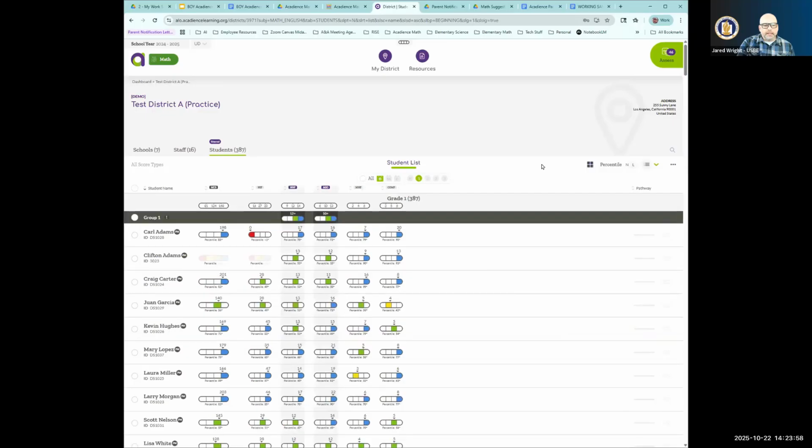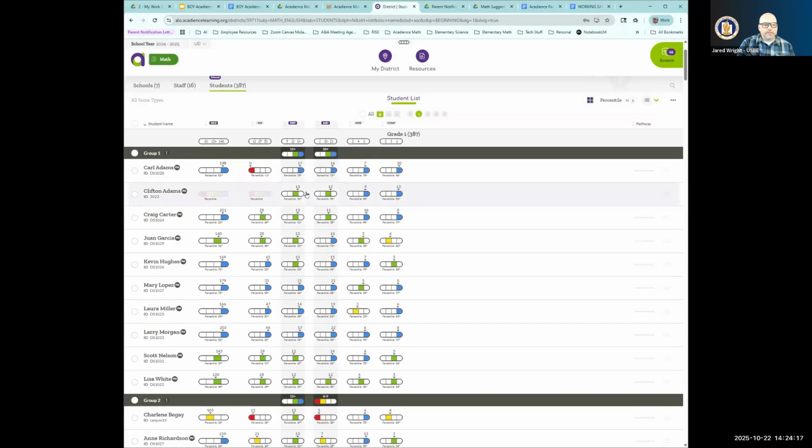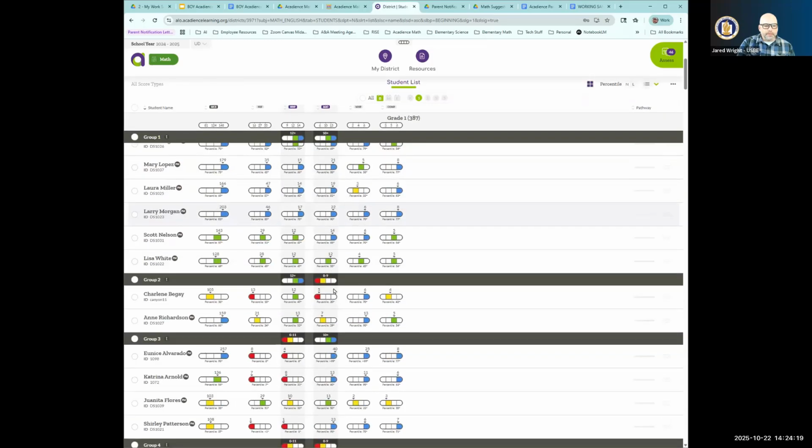If I click on that, it's going to give me kind of an initial grouping. It will select 2 particular measures, and if students are high or at or above benchmark in those 2 measures, they'll be put in a group.